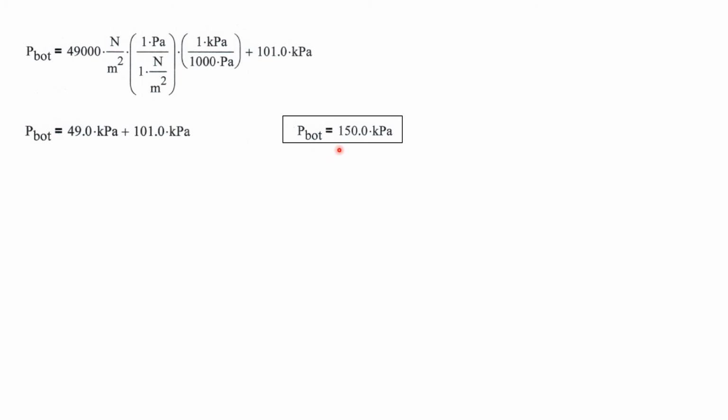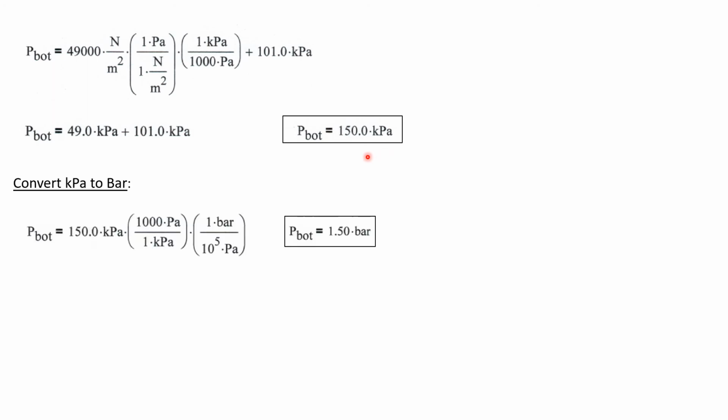That gives us the absolute pressure at the bottom of the lake: the pressure of the water, 49 kilopascals, plus the pressure of the atmosphere acting on the surface of the water, 101 kilopascals. And so the absolute pressure at the bottom of the lake is 150 kilopascals.